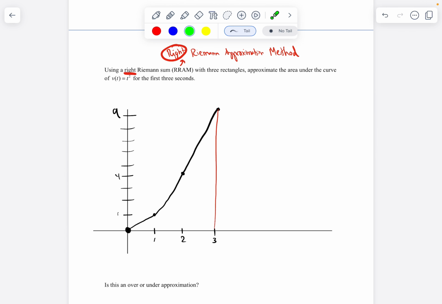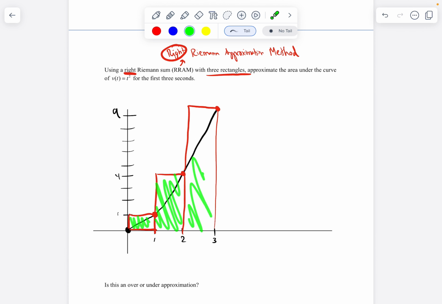And what I mean by that is I'm going to make 3 rectangles where they touch the graph in the top right corner, which would be here for another rectangle and here for the third rectangle, okay? And if I find the area of this plus this plus this, again, it's not perfect, but it technically would give us an approximation of the area under the curve.